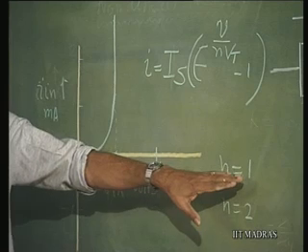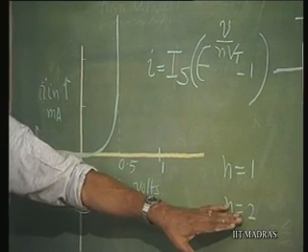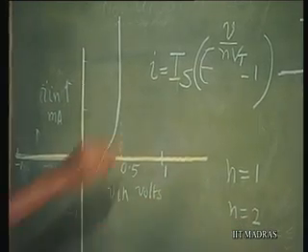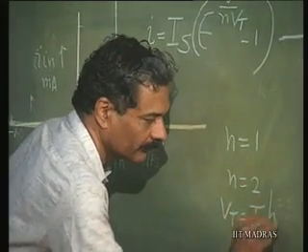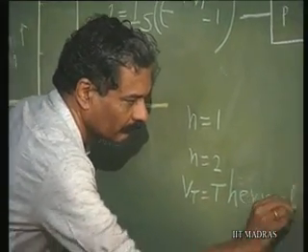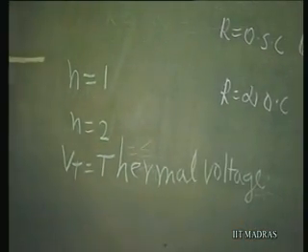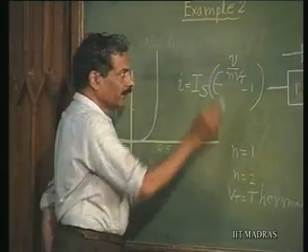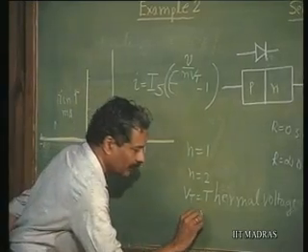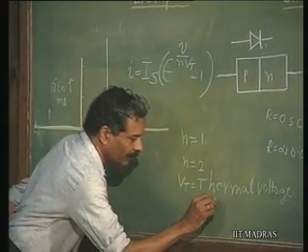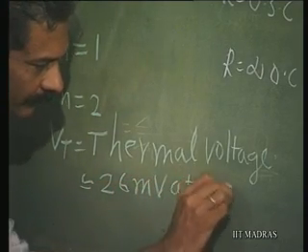What is this Vt? Vt is called thermal voltage. V is the variable voltage, and Vt is the constant thermal voltage, which is approximately equal to 26 millivolts at room temperature.